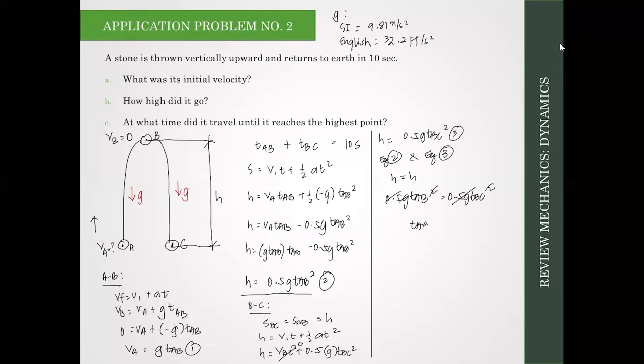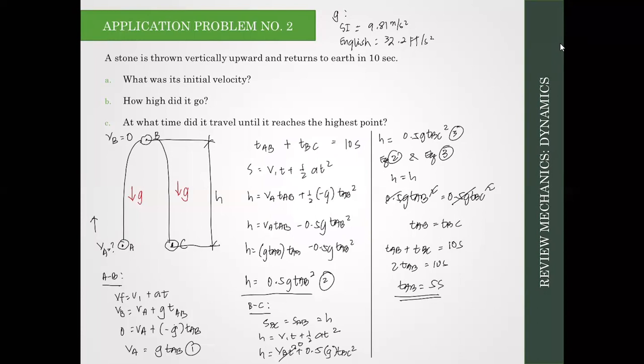So TAB is equals to TBC. From our formula na TAB plus TBC is equals to 10 seconds, this will be 2 TAB is equals to 10 seconds, or TAB is equals to 5 seconds. So ito yung nakuha nating time for TAB.